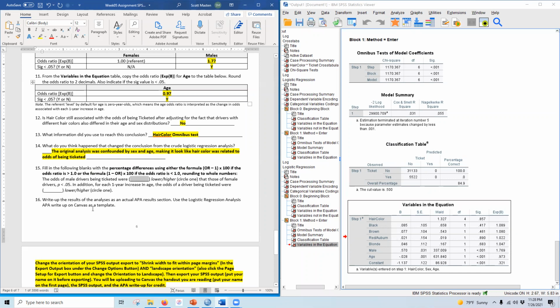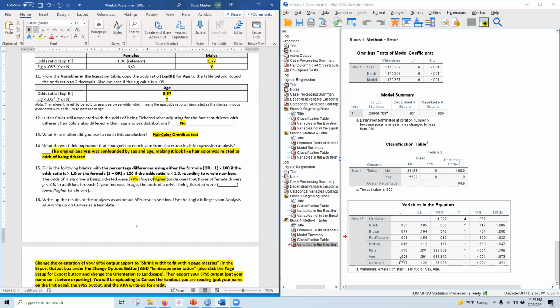So minus 1 times 100 is 77%. And is it lower or higher? How do we know that? Well, the odds ratio is greater than 1, so it's higher. So males were, this is not shocking if you do traffic safety research, 77% higher odds of getting a ticket their first year than female drivers.